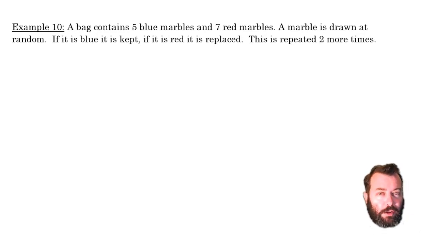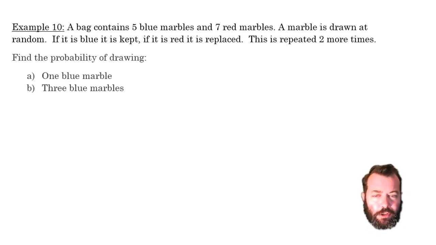If it's red, it goes back in. Then we repeat that 2 more times. So at the end, I might have taken 3 blue marbles out, in which case I only have 9 marbles left in the bag. Alternatively, I might have taken out 3 red marbles, in which case they've all been put back in and there's still 12 marbles in the bag. It is a reasonably complex situation.